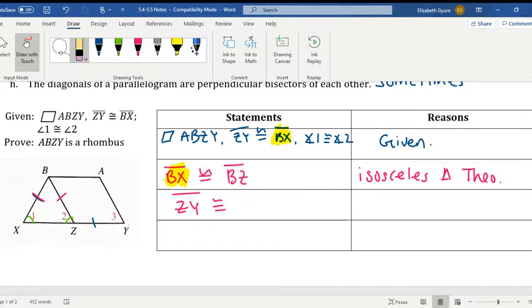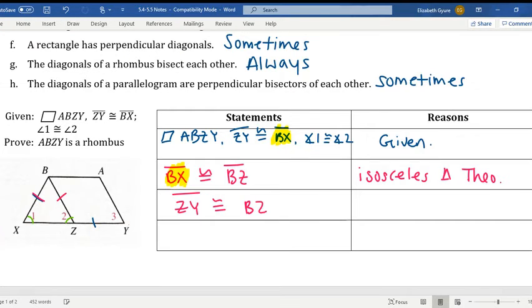There we go. So BZ, that is the transitive property. And then we're actually done. We can go to our final step: ABZY is a rhombus.